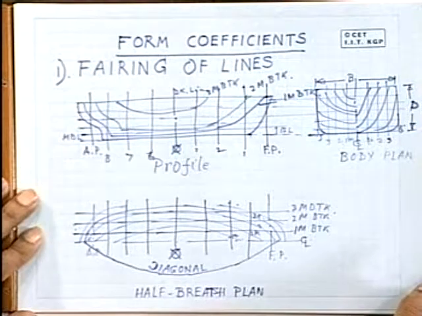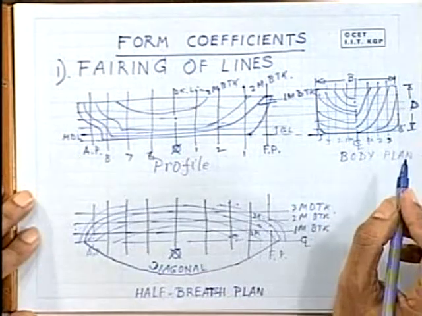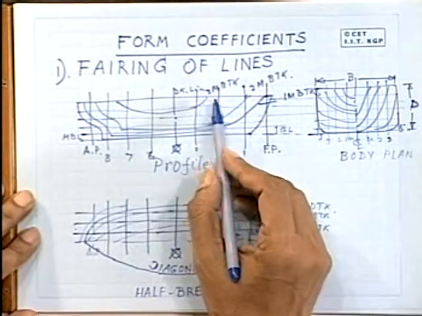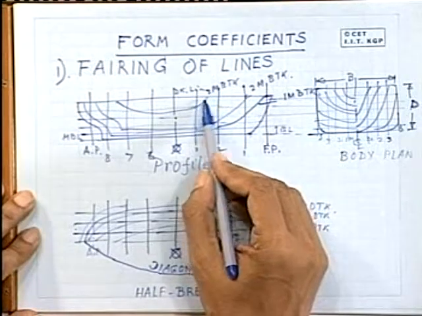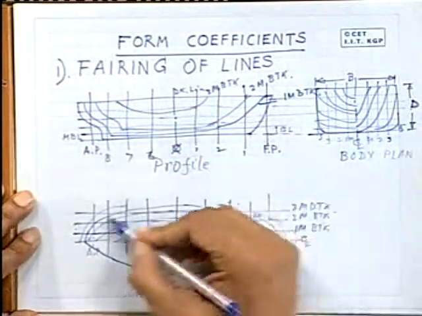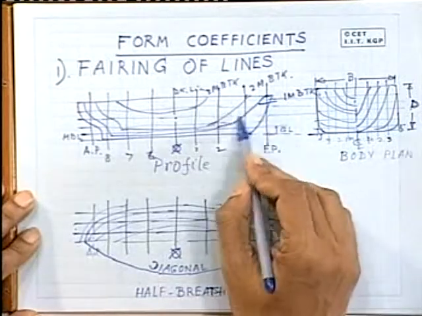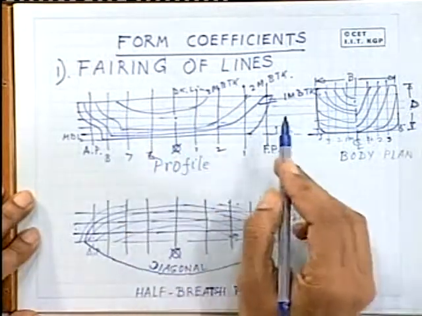Now coming to the fairing of the lines, these lines, that is your buttock lines and also the water lines, the shape of these lines are very important.